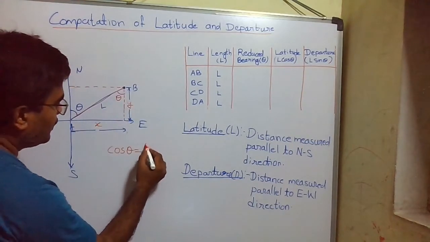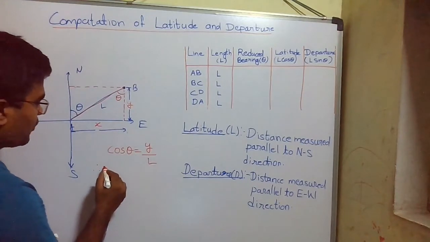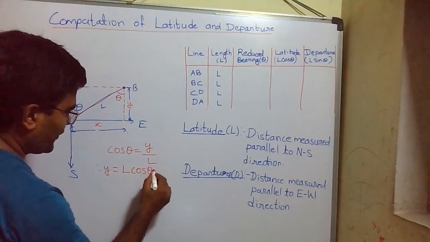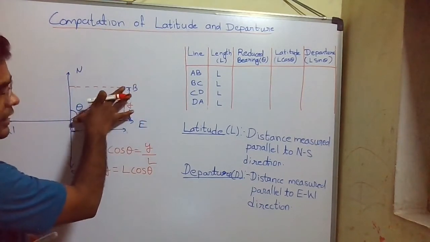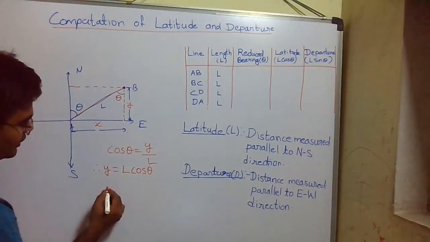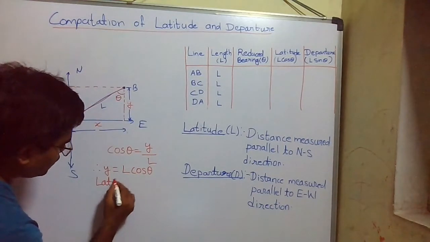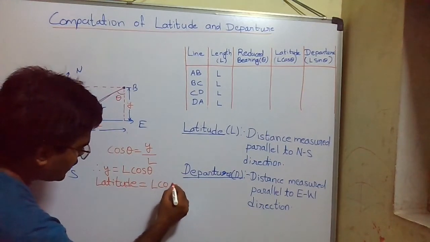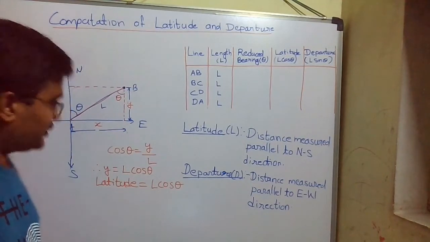So we get Y by L. Therefore, Y is L cos theta. And this Y is nothing but the distance of this line parallel to the north-south direction. So we can say that the latitude of this line AB is equal to L cos theta.